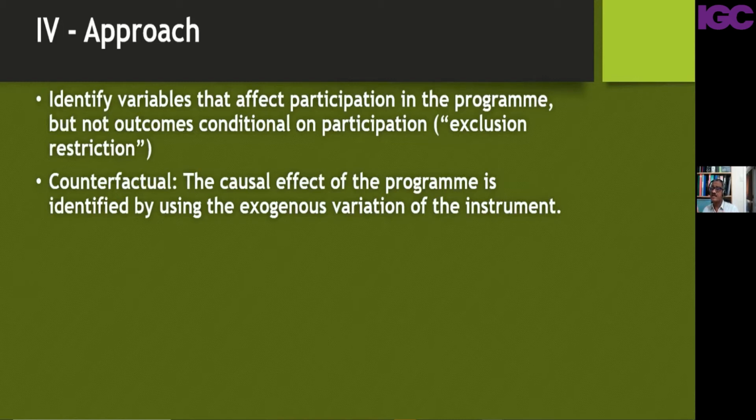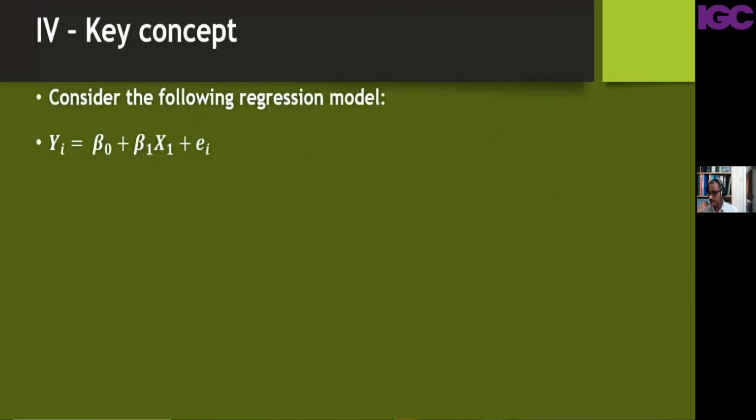So the effect of the program is linked to the variation in this exogenous or instrumental variable. So the approach in the instrumental variable is that you need to identify a variable that affects the treatment, that is the participation in the program, but does not affect the outcome. Now, once having identified it, let us see how you can use the instrumental variables approach.